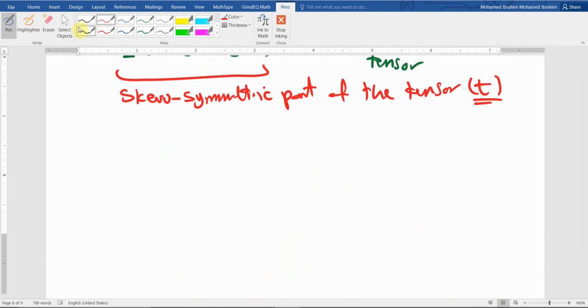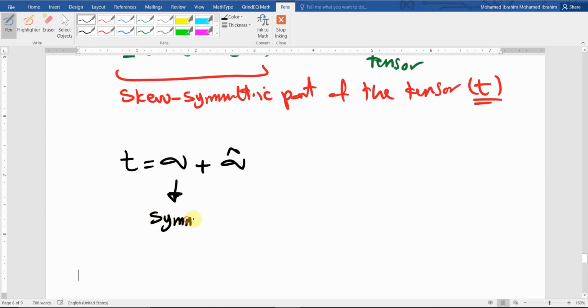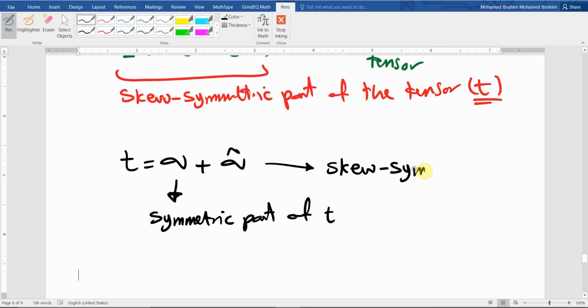So if I ask you to decompose this T into symmetric and skew symmetric parts, we're going to say that I can write this T as sigma plus sigma with a hat. This sigma is the symmetric part of the T tensor, but this sigma with a hat, assume that this is the skew symmetric part of the T tensor.